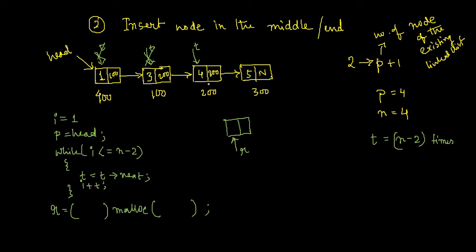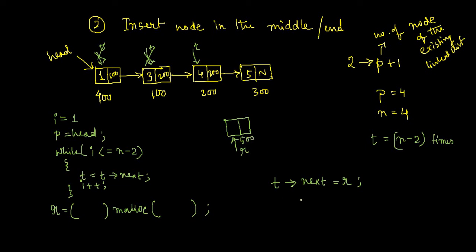Now see, if you want to connect this one with R, it's very easy. You can easily write T next equal to R. As soon as these statements get executed, what will happen? The next part of T will now contain the address present in R. Suppose the address of this one is 500.